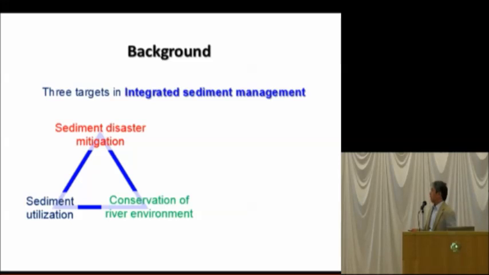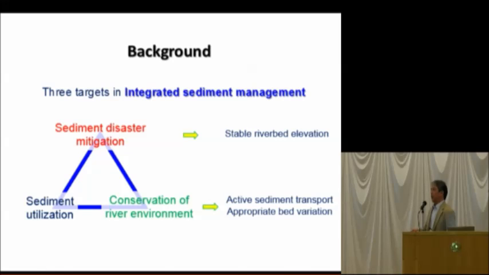From the aspect of sediment disaster mitigation, we want to make the riverbed elevation more stable, but from the aspect of the conservation of the river environment, active sediment transport may be necessary for good habitat conditions. And also, we need to allow appropriate bed variation.